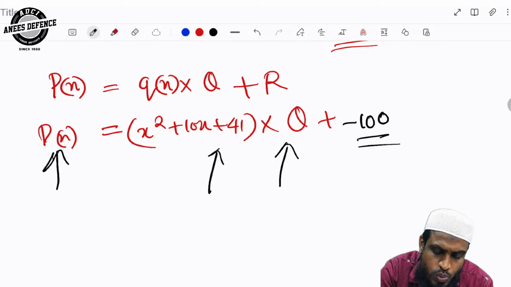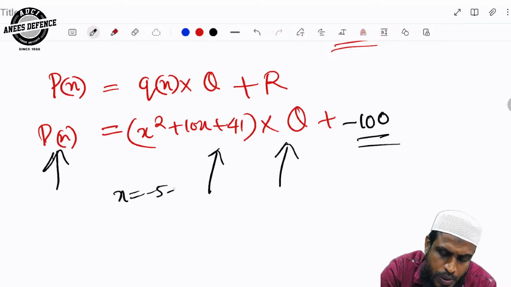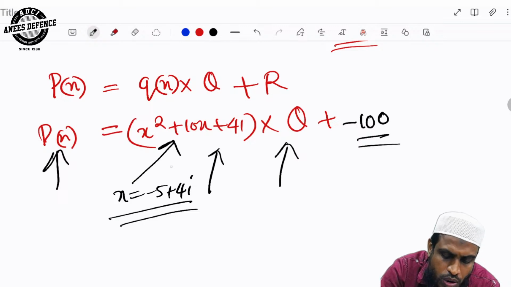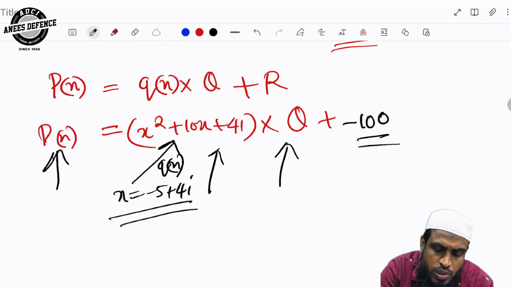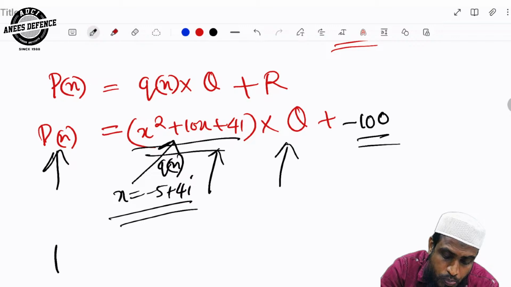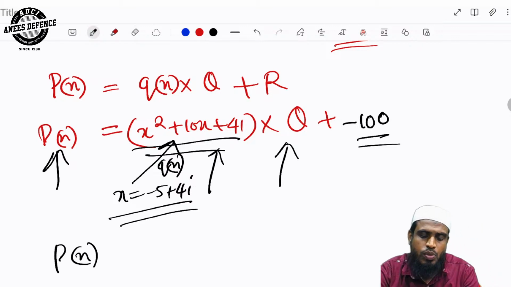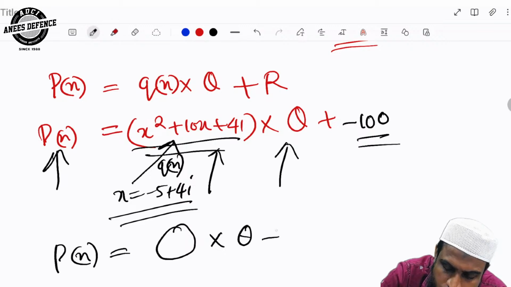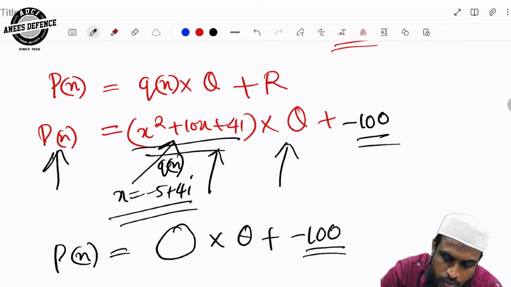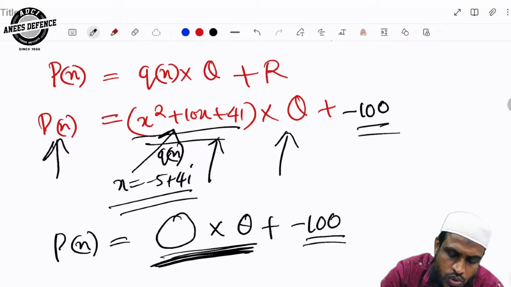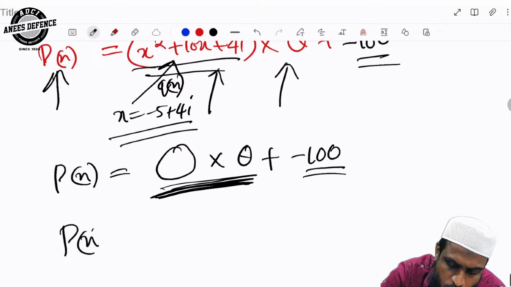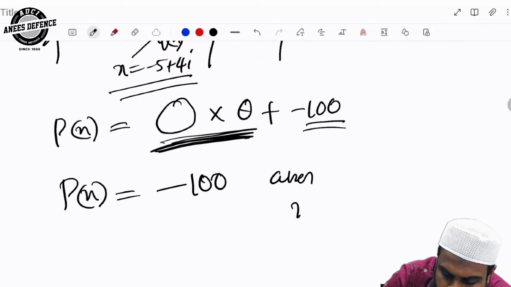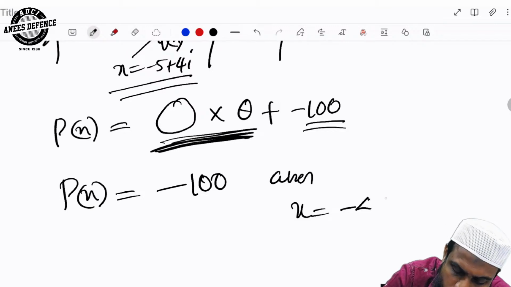So if you put x is equal to minus 5 plus 4i, which is a root of the quadratic equation Q of x, Q of x will become 0, into Q plus remainder, that is minus 100. So this entire term becomes 0. Finally, you get P of x is equal to minus 100 when x is equal to minus 5 plus 4i.